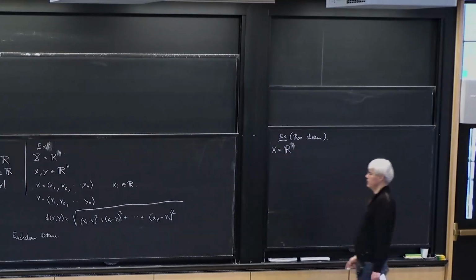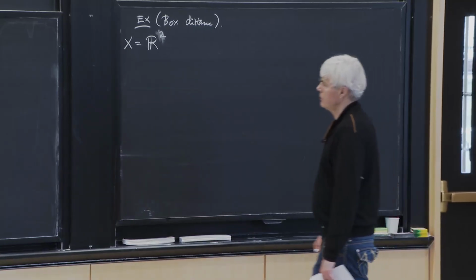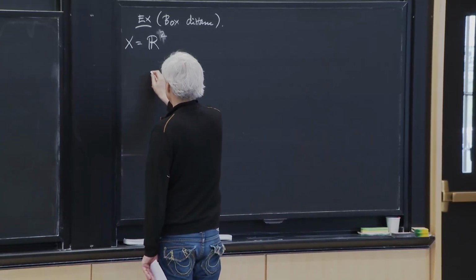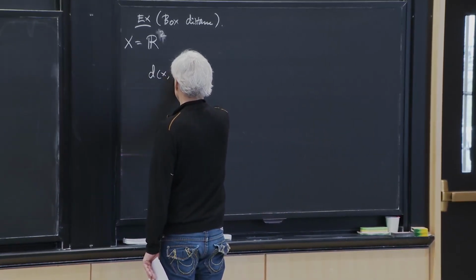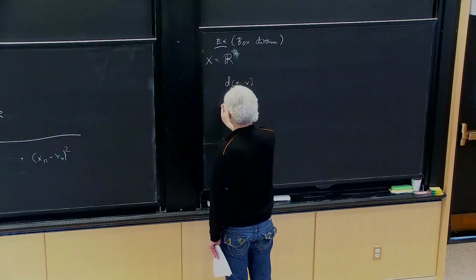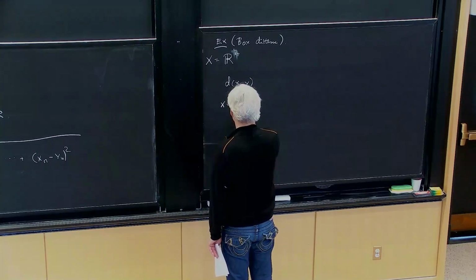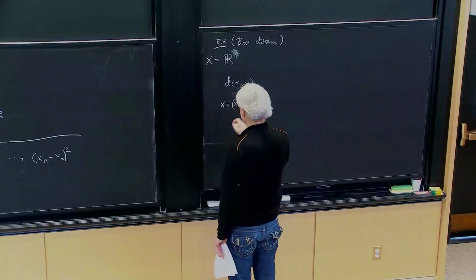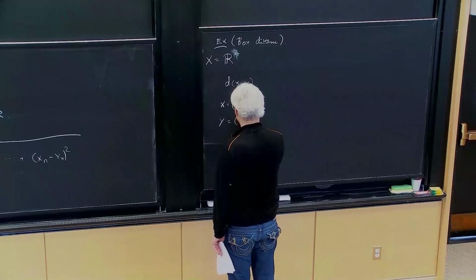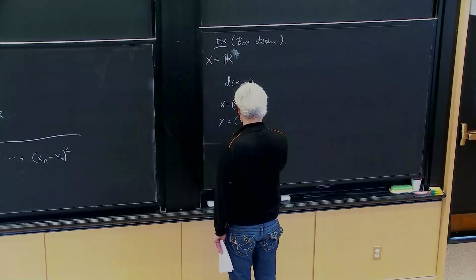So the space is R2, and the distance between two elements. So again, we write x as x1, x2, where these are real numbers, and y equal to y1, y2.